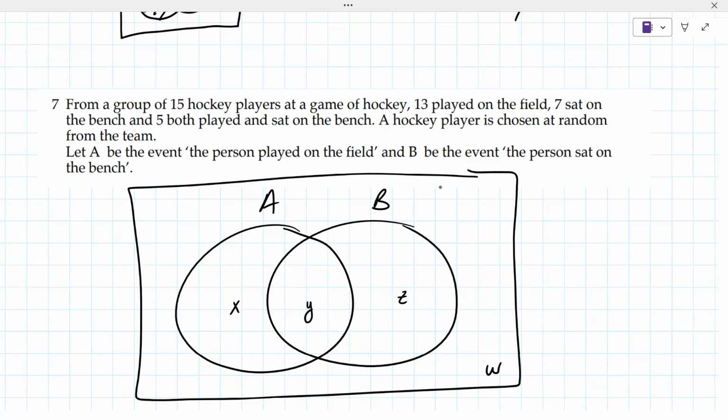So 15 players. 7 sat. 13 played, 5 sat and played.